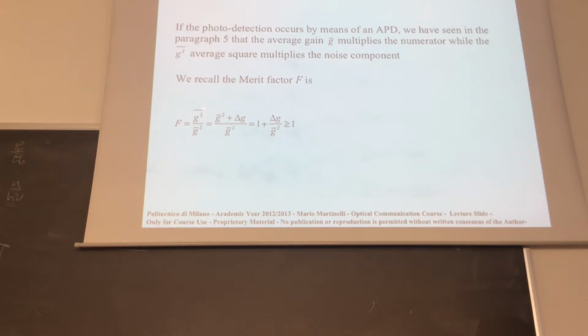And then G squared average divided by G average squared, we already saw that it looks like 1 plus variance divided by G.